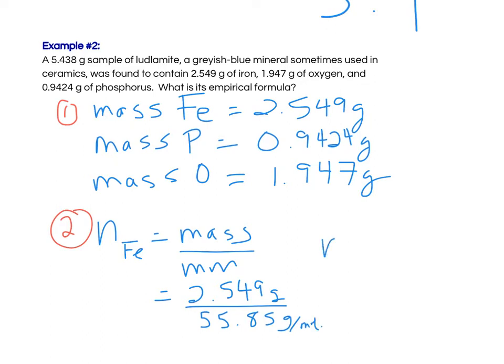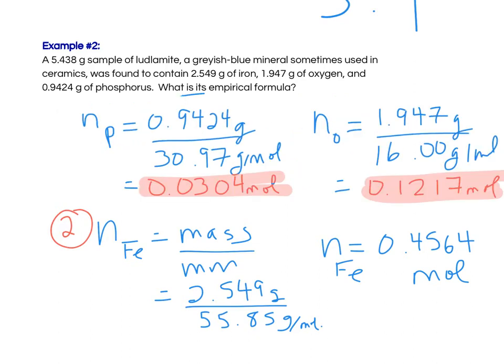So the number of moles that I have of iron, I'm going to have to work that out, and that gives me 0.4564. Oh no, actually that works out for sig figs, so I'm going to leave that. 4 sig figs is the way that my answer should be written. All right, so go ahead, take a minute, pause the video, calculate the number of moles of phosphorus and oxygen, and when you come back, I'll have done the same and we can compare our answers.